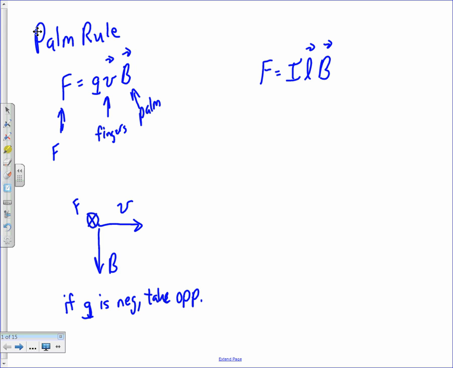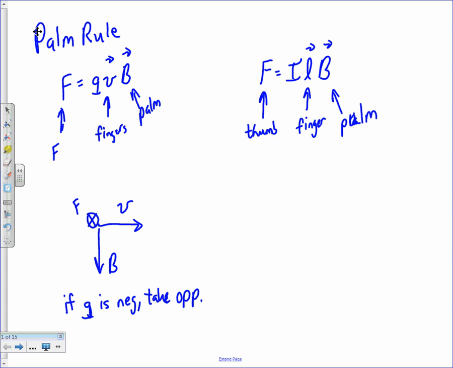Now, the same is for ILB. Fingers in the direction of L or I, however you want to think about it. Your palm in the direction of B, and then your thumb is in the direction of the force.